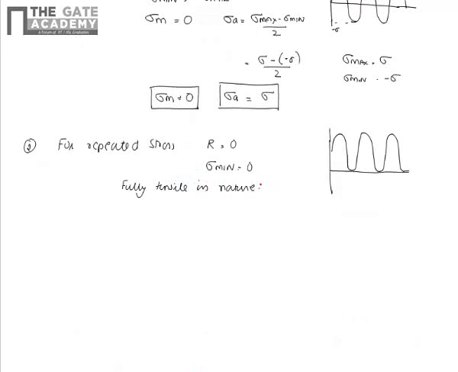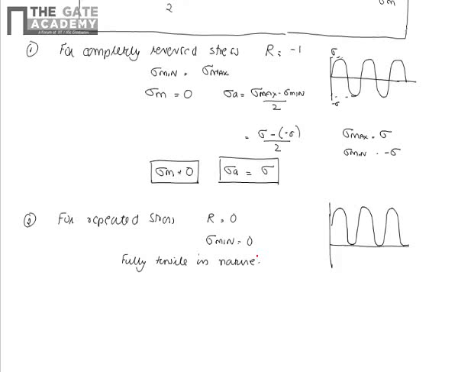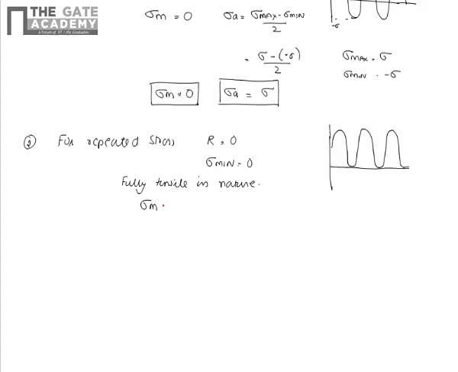Therefore, repeated stress is fully tensile in nature, whereas completely reversed stress has tensile as well as compressive cycles. And here the mean stress will be sigma max plus sigma min by 2. In this case, sigma min is equal to 0, so sigma m will become sigma by 2, and sigma a also will be equal to sigma by 2.